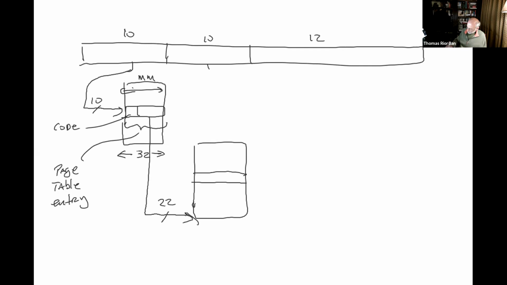And then we're going to take these 10 and point in here.